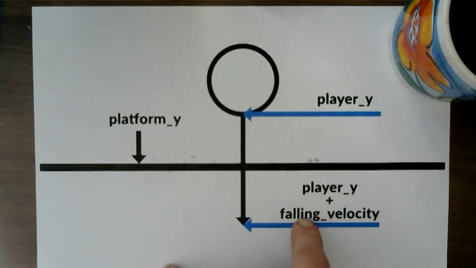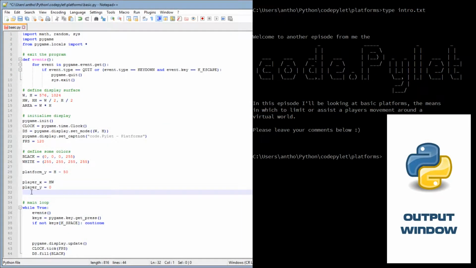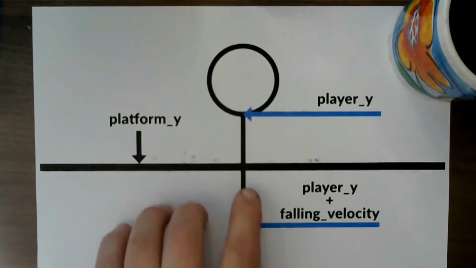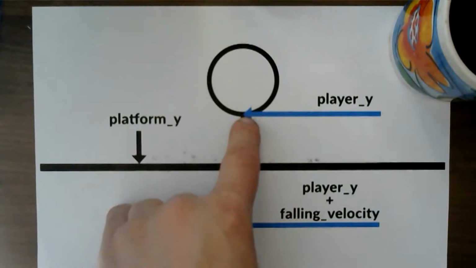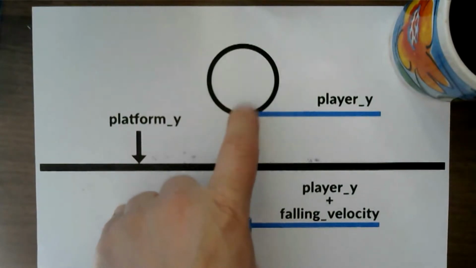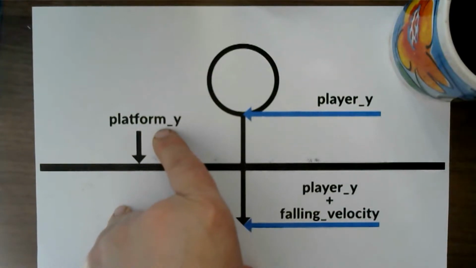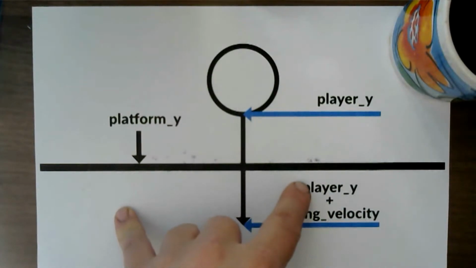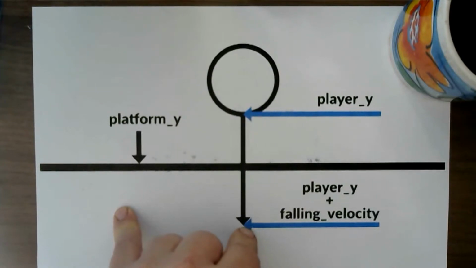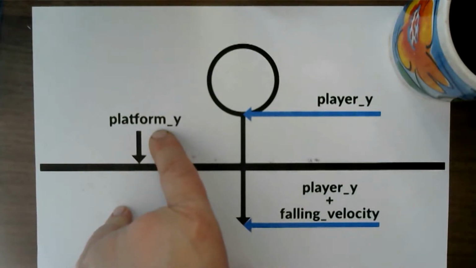So if we set the falling velocity to, say, 3, what we're doing is checking whether player y is less than platform y and player y plus falling velocity is greater than platform y.